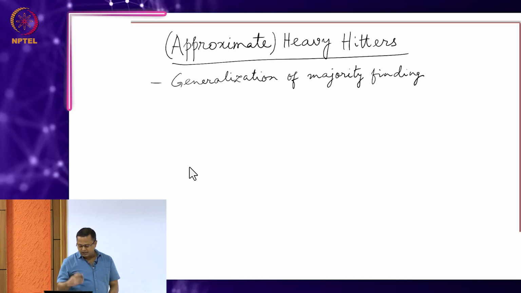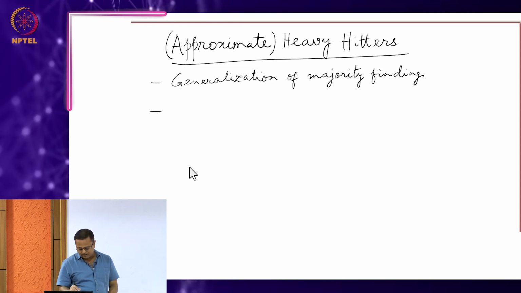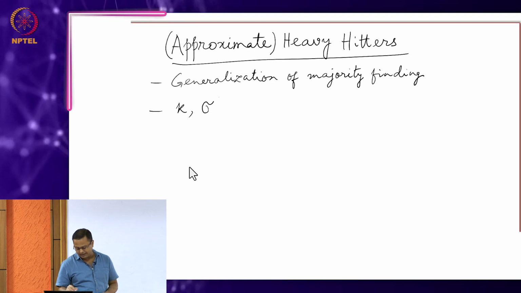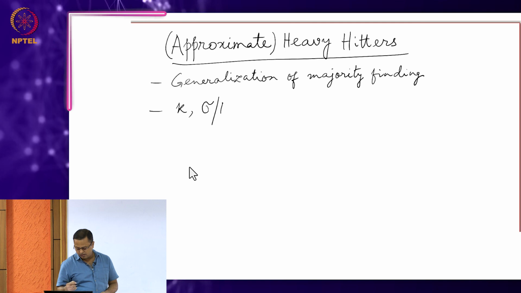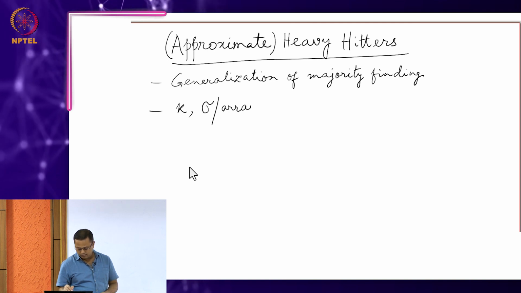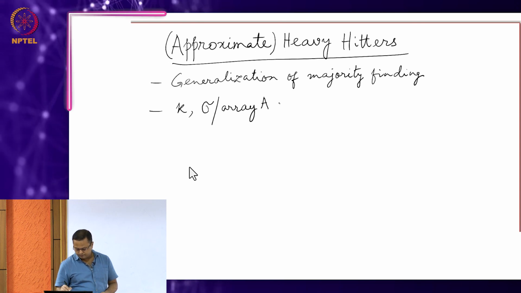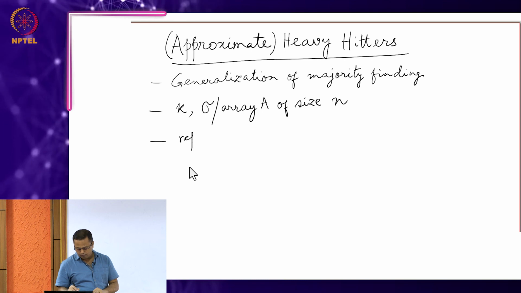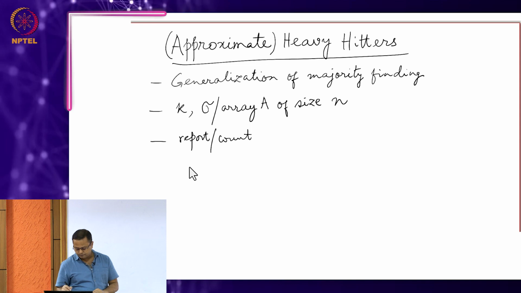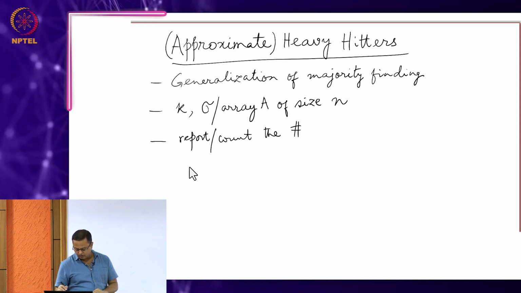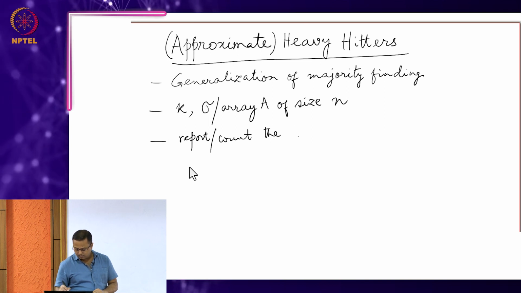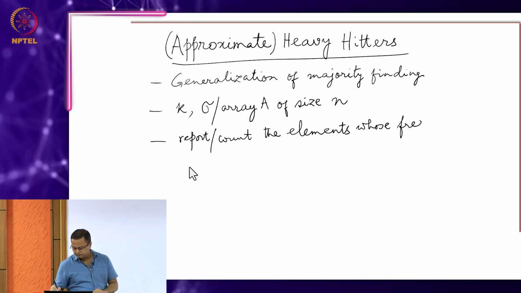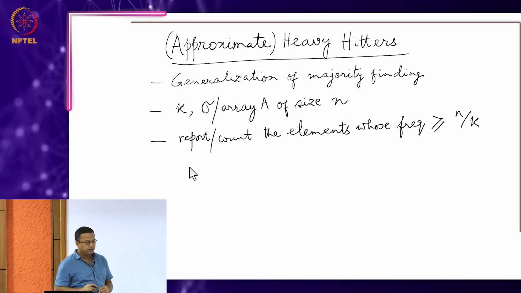Okay. So, the generalization of this problem is that the user gives you a parameter k, right, and you have a stream or array, say of size n, and you want to report or count whatever elements whose frequency is more than n by k.